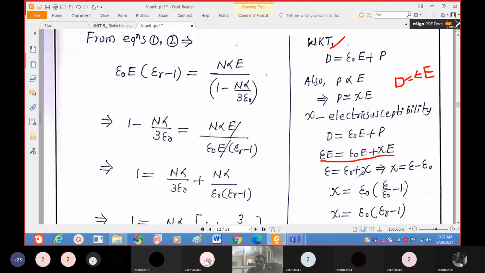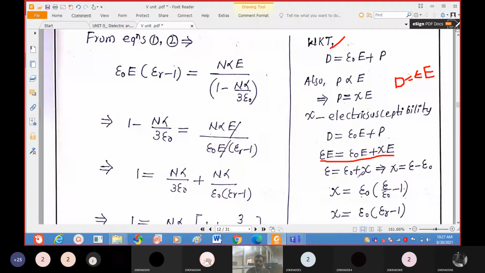Let us take epsilon naught common from this equation. Here we already know that chi is equal to P by E.